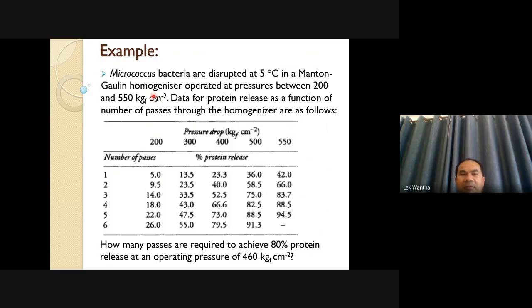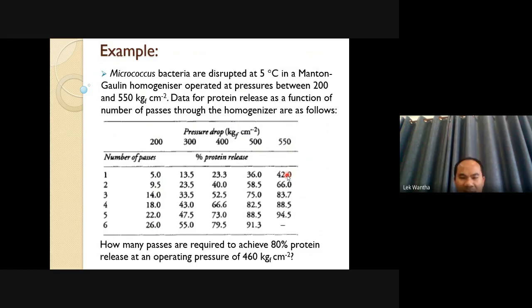Also at constant N, if you increase pressure, the percent of protein release also increases, from 5, 13, 23, 36, 42. If you increase pressure, the breaking rate increases, and if you increase the number of passes, the breaking rate also increases.